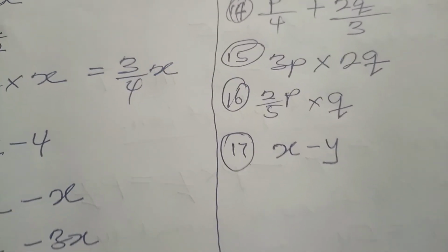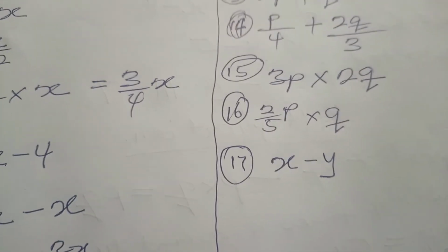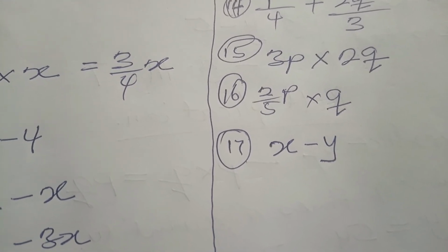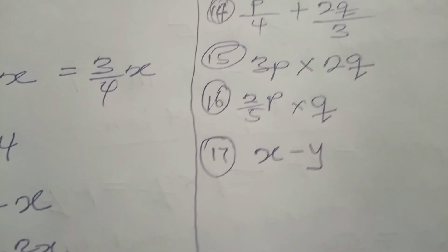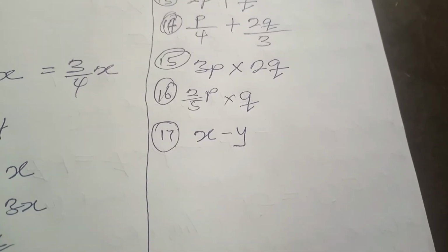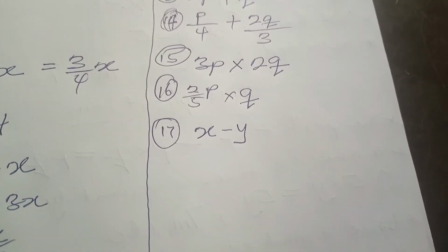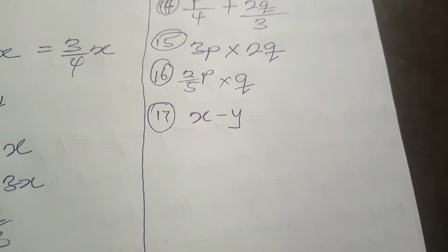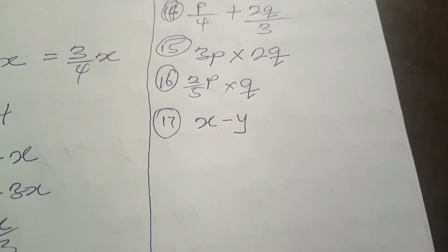Then there's another one here. There are 30 students in a class and x of them are boys. Write down an expression for the number of girls in the class. The number of boys plus the number of girls gives us a total, which in this case is 30.